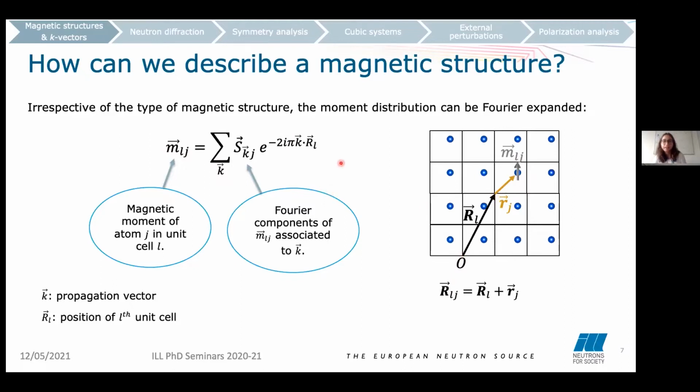And this is what comes into the periodicity of the whole magnetic lattice. And we also need the Fourier components of the magnetic moment, which are associated to a specific propagation vector.